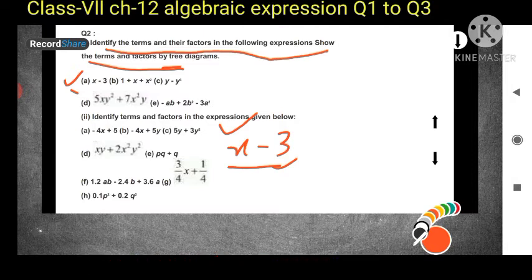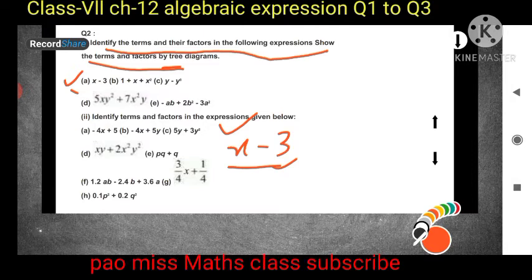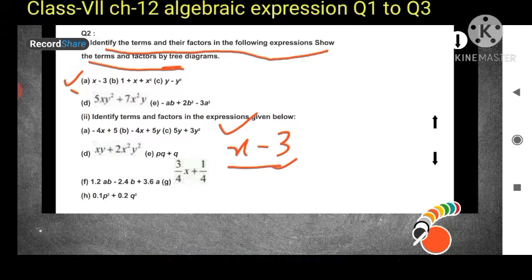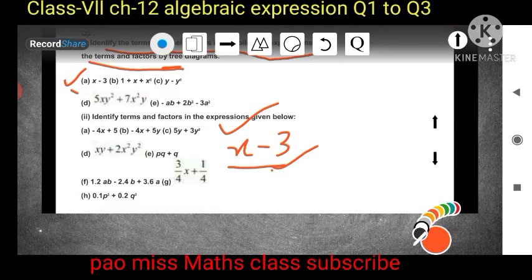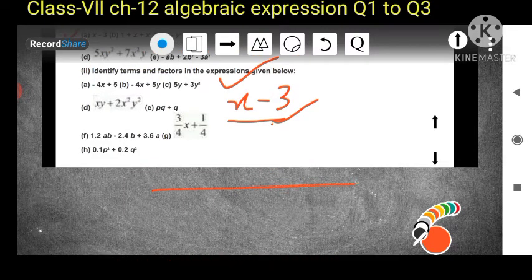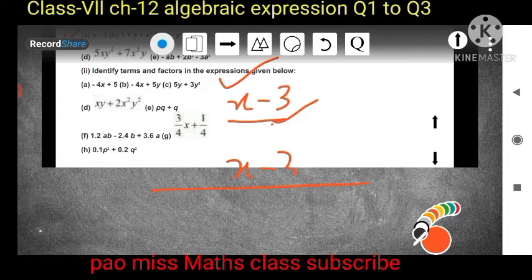This is very simple. What is the given question? X minus 3, isn't it? So we will separate the terms now.